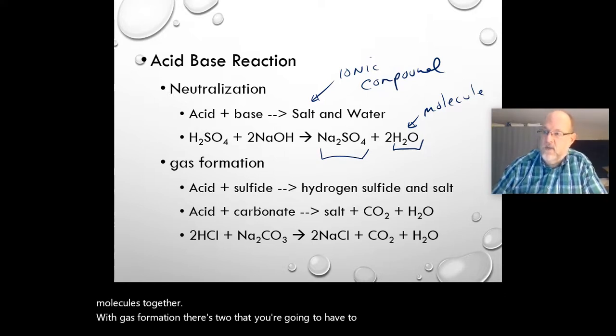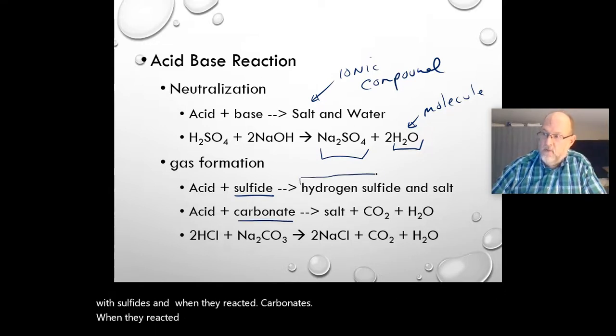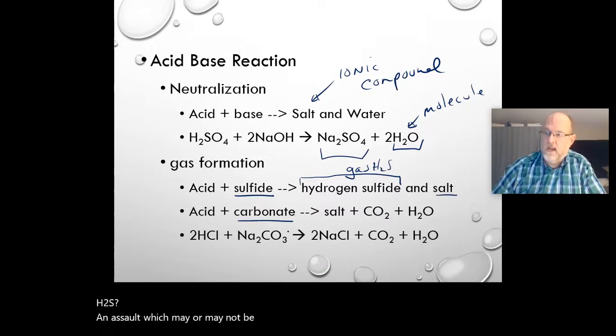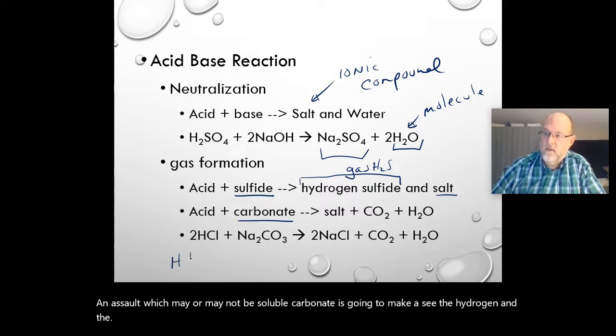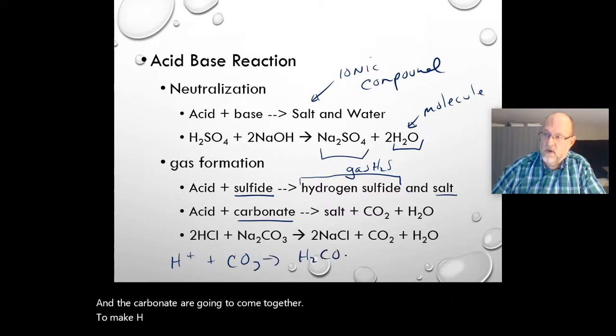There are acids reacting with sulfides and acids reacting with carbonates. When they react with sulfides, one of the compounds we make is the gas hydrogen sulfide, H2S, and a salt, which may or may not be soluble. With carbonate, the hydrogen and the carbonate are going to come together to make H2CO3.